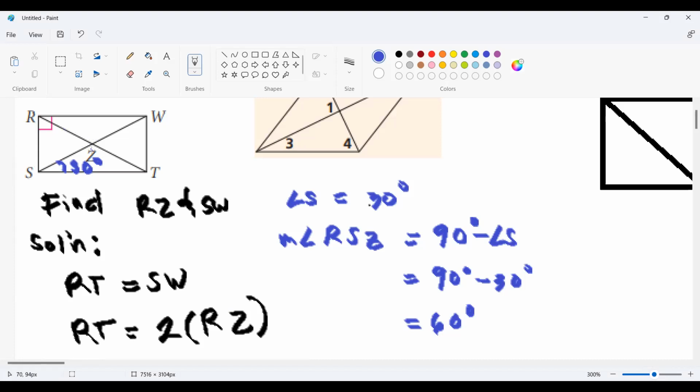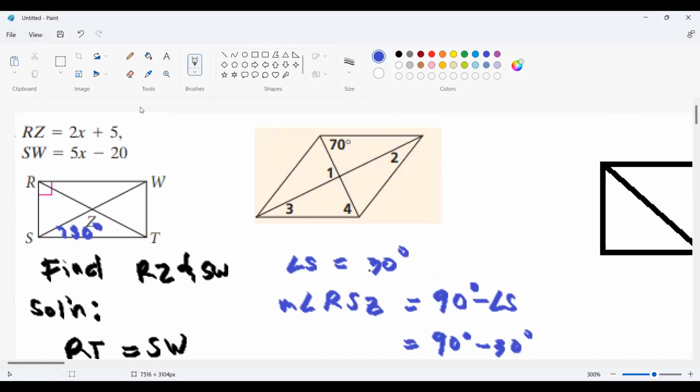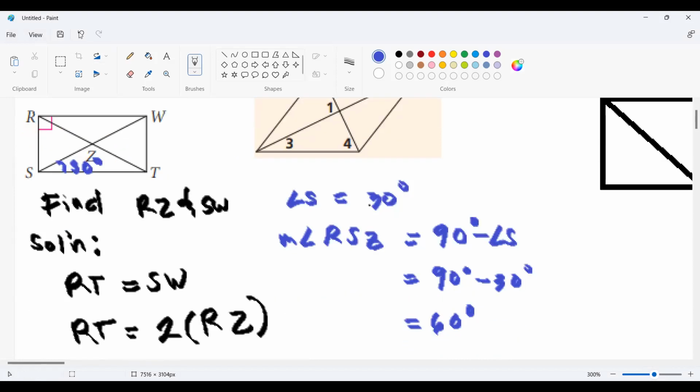How about the one where diagonals bisect the opposite angles? Well, that's not for this shape, that's for a different shape. So that's why we're going to proceed to this one, the rhombus. Let me delete this part here.